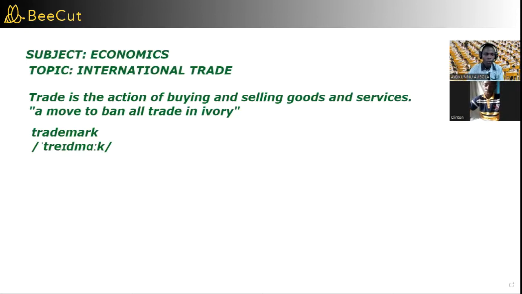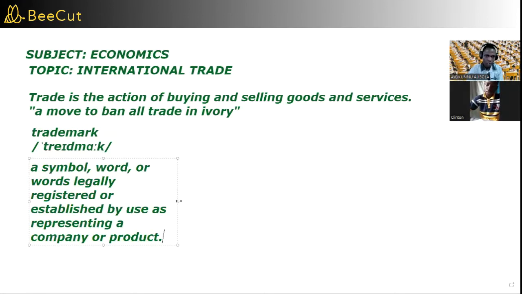So no other company can use it. For example, Close Up is a toothpaste, and it is called Close Up because that is the trademark. No other toothpaste maker can come and name theirs Close Up. They would be violating a legally registered trademark.